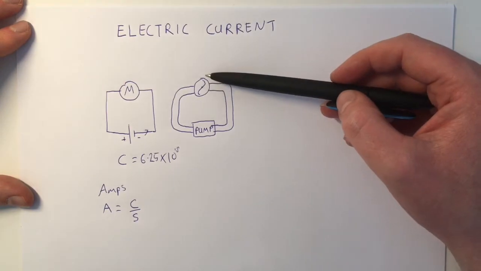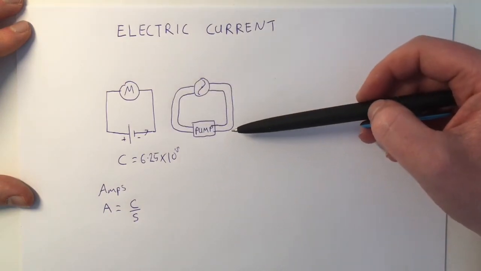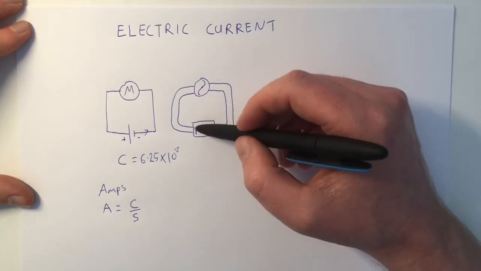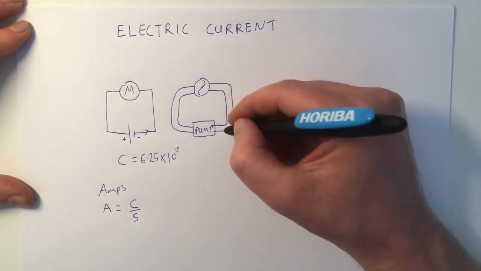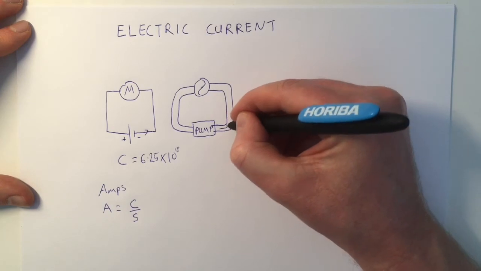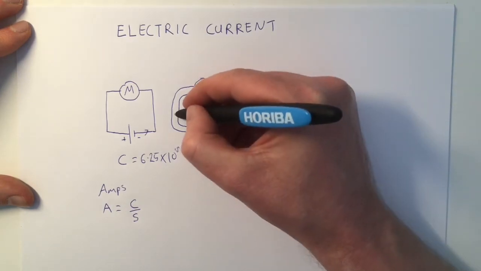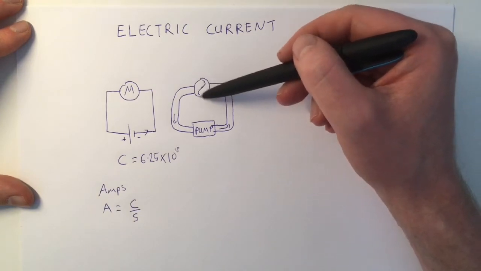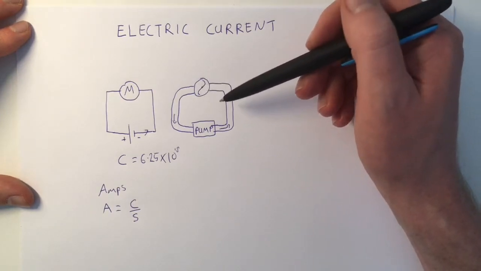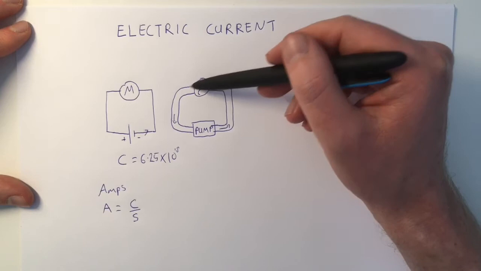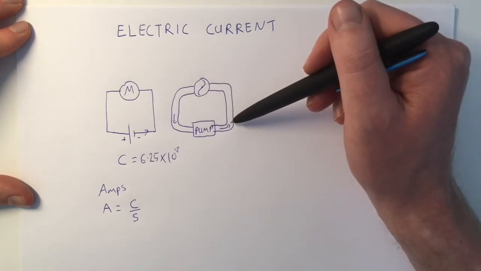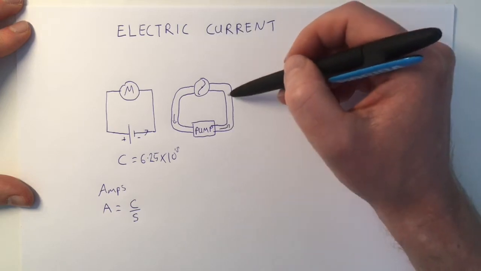And there's a really nice analogy here with a water circuit. If we imagine a circuit of pipes with a pump that's able to pump the water around, in this case if we're pumping water around this way, then it can drive some sort of mechanism, and the rate at which it's driven will be in part determined by the flow rate of water.